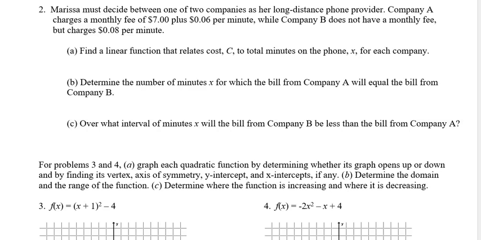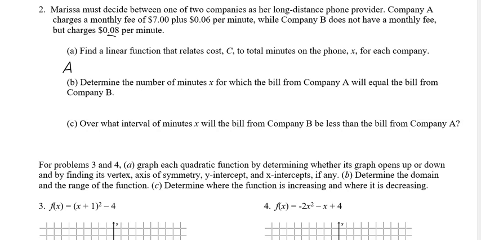Number 2, Marissa must decide between one of two companies for a phone provider. Company A charges a monthly fee of $7 plus 6 cents per minute. Company B charges a little differently, no monthly fee, but a little bit more per minute. So write the linear function that relates cost to total minutes for each company.